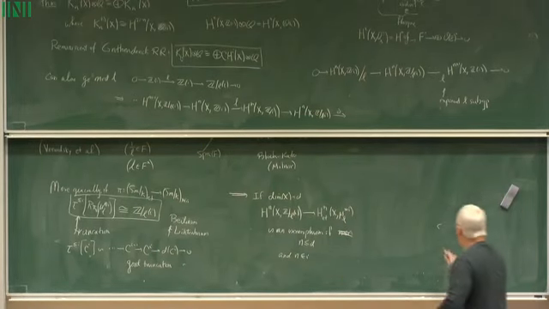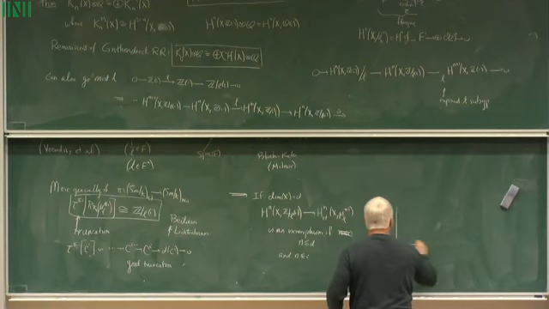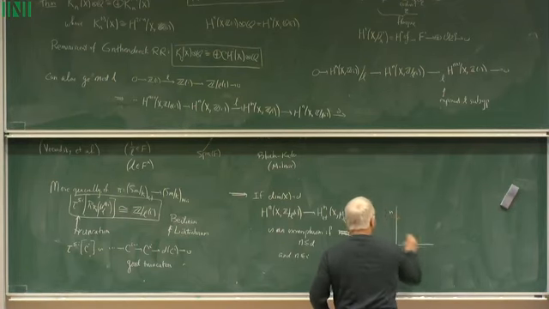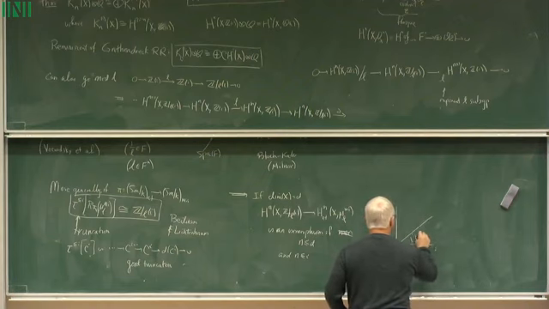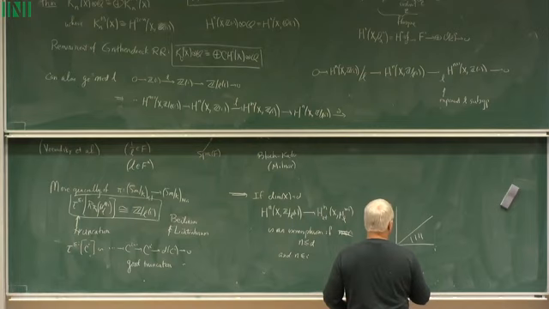So if you sort of plot, here's n and here's I, and here's n equals I. And this is the good zone.